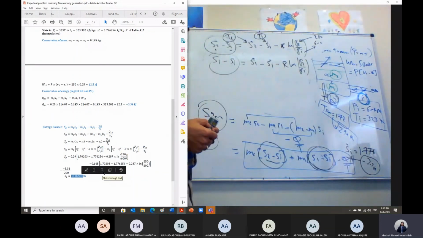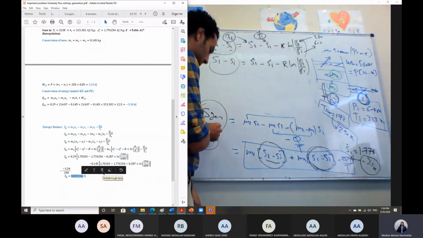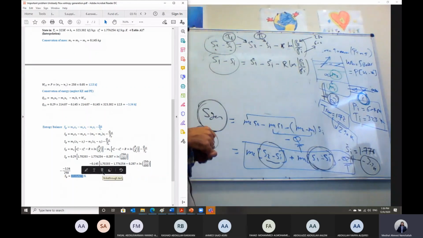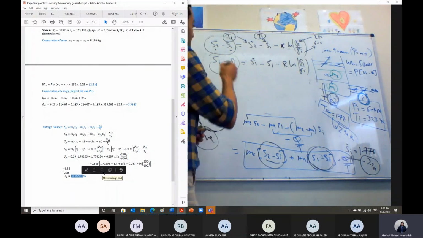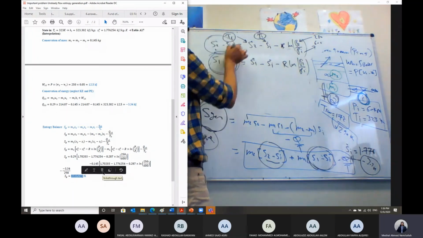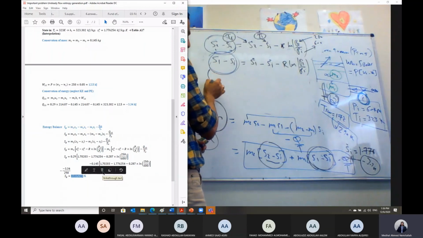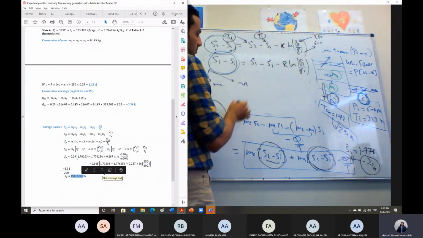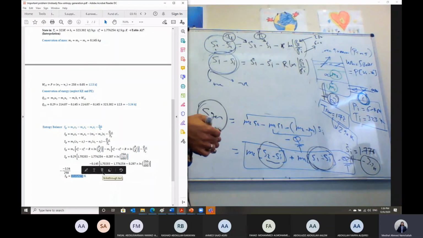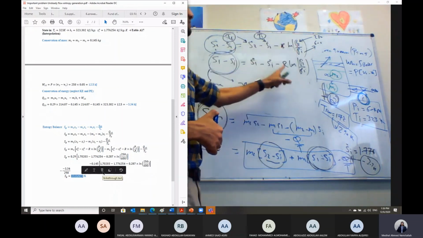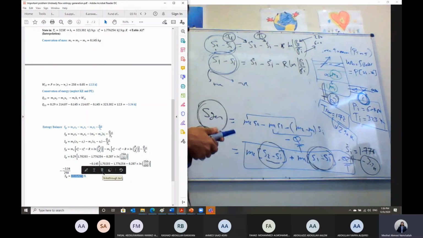Please take care about the sign, because this term, as I told you, is an indication of the losses, and any system should have some losses. So that term, the entropy generation, should always be a positive value. But this term, delta S, may be either a positive or a negative value, depending on the direction of the flow and the heat transfer and the value of the pressure and the temperature in this case.